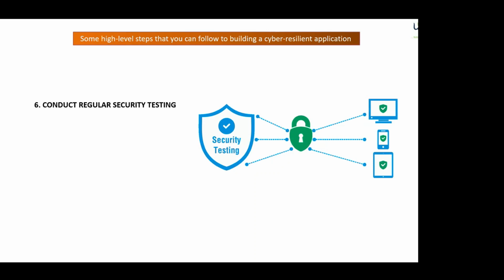And number 6, conduct regular security testing. Don't ever stop testing. Even if we send it back to you and tell you that there are no vulnerabilities, check your code again. Keep checking, because it's your reputation on the line. If you write code, I'm talking to developers mostly now, you develop an application and then we keep telling you, or customers keep saying, sorry, this keeps happening, that means you're not taking time to check.